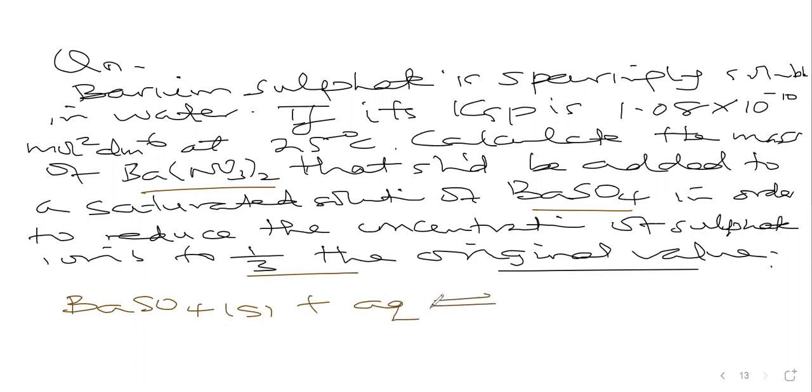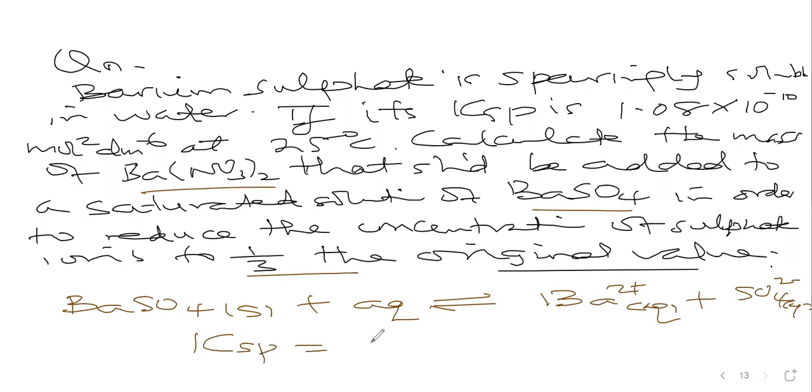It gives us barium ions and sulfate ions. So Ksp here is equal to concentration of barium ions times concentration of sulfate ions.